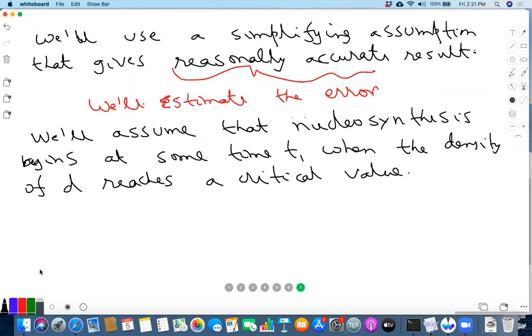And furthermore, once it begins, it happens very fast.